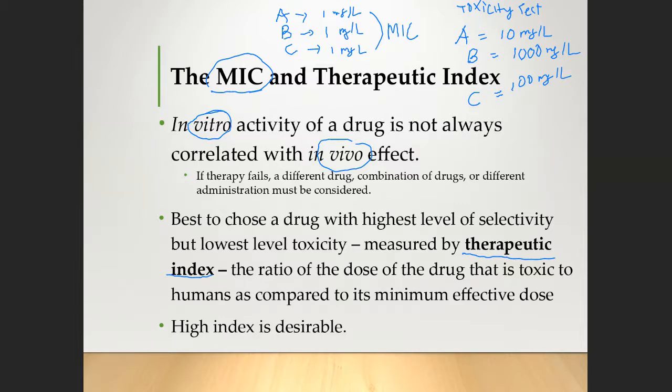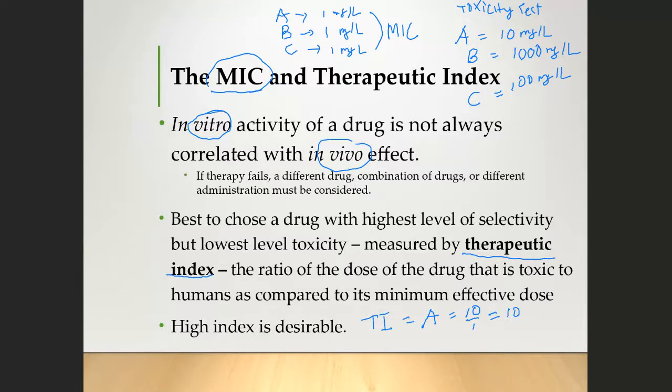Based on the MIC test and toxicity test, we are able to calculate the TI, the therapeutic index. For A, we divide the toxicity by the MIC. So A will be 10 divided by 1, which is 10.